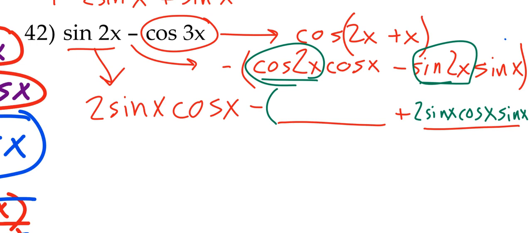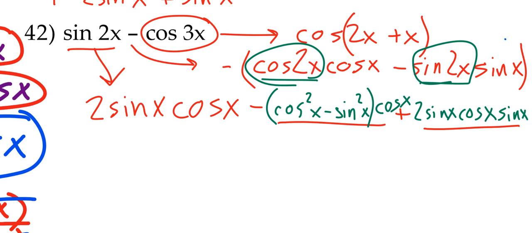This is just ugliness. Maybe. Okay, I think I got it. Cosine squared x minus sine squared x, times the cosine of x. I definitely wouldn't expect this on the final. I can guarantee you we're not putting this on the final.